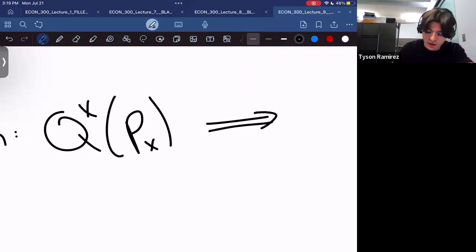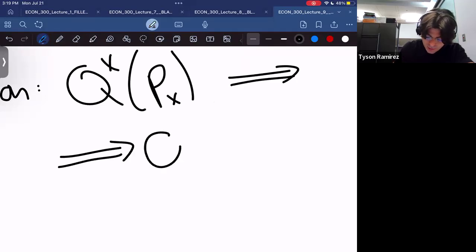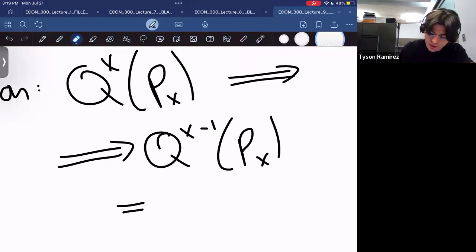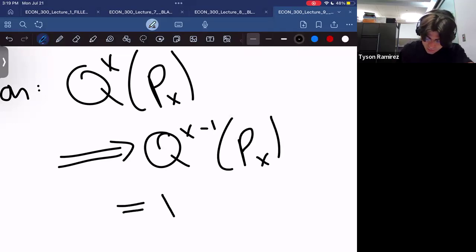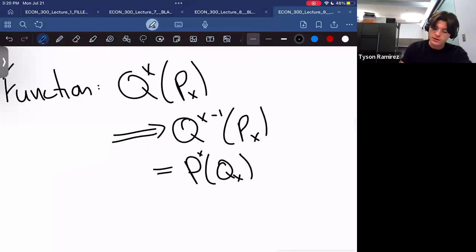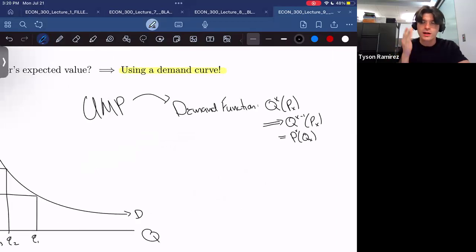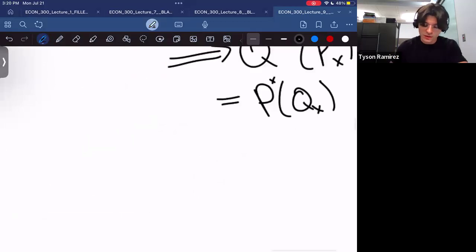Or you can take the inverse of it. The inverse demand function is exactly equal to price as a function of quantity. So what's the price that consumers are willing to pay for X as a function of the quantity that's available? This is the inverse demand function.